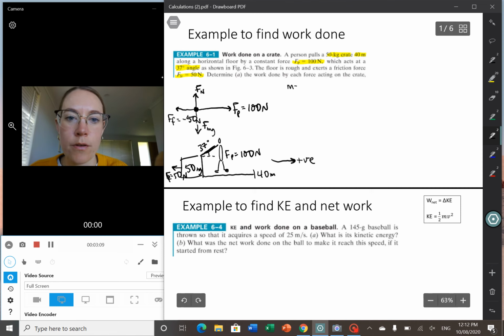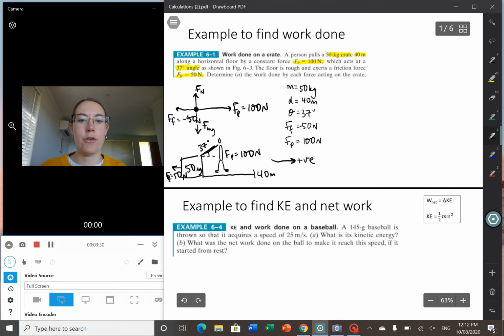I've got a mass of 50 kilos. I've got distance 40 meters at an angle of 37 degrees. My frictional force is negative 50 newtons, and my pull force is 100 newtons.